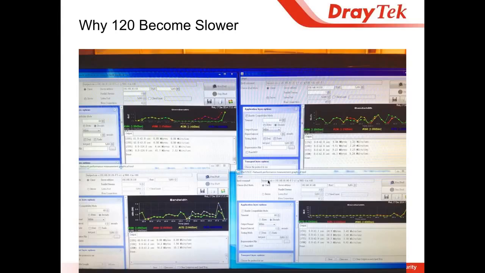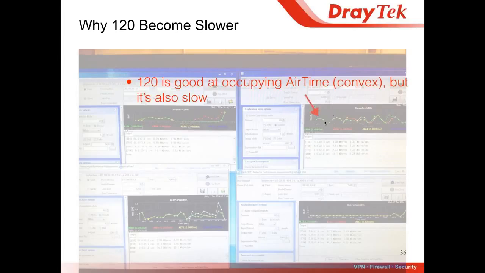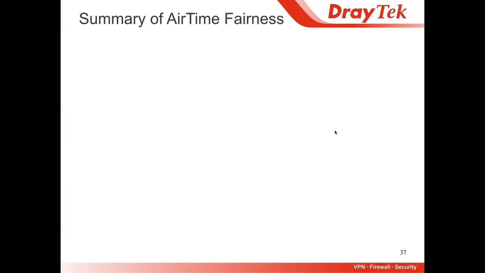On the upper right corner is the 120. You can see this guy is really good at occupying the airtime. It was always trying to occupy the airtime. That's the convex. So the AP had no choice but to start controlling this guy. Since the 120 got less airtime, it's even slower. So this is why this guy got slower, because the bottleneck was not the Wi-Fi.